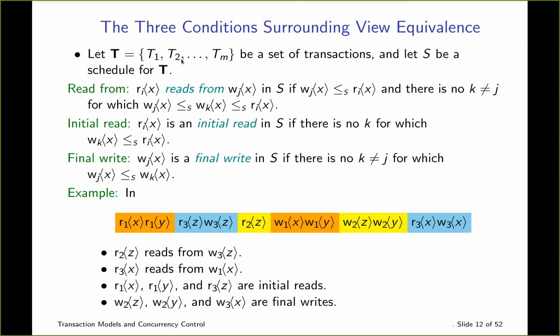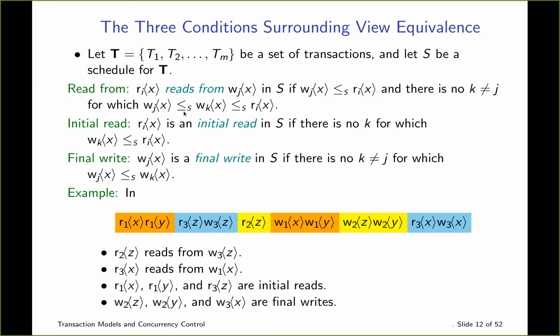If we have a set of transactions, let S be the schedule for them. We say that transaction I, in this case it could be transaction 1 through M, whatever it might be, reads X from transaction J if the write action is happening in J before the read action in I, and there's no other intervening transaction doing a write.